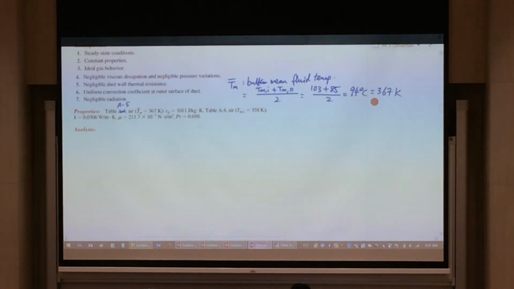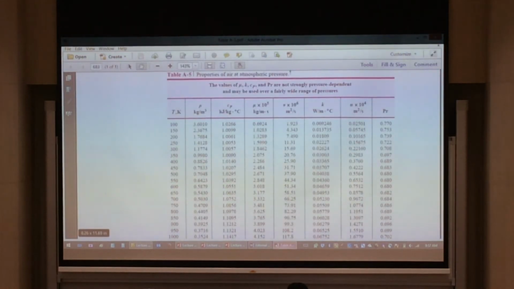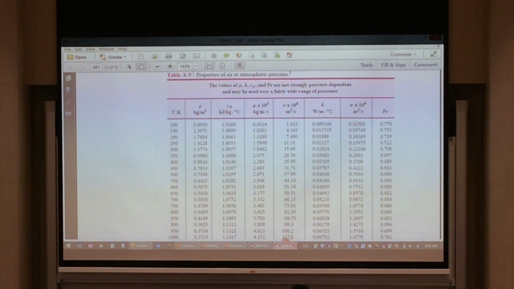Why do I convert it to Kelvin? That's because in your table, this is listed in terms of Kelvin. Later on, I need to see, do I need to interpolate?